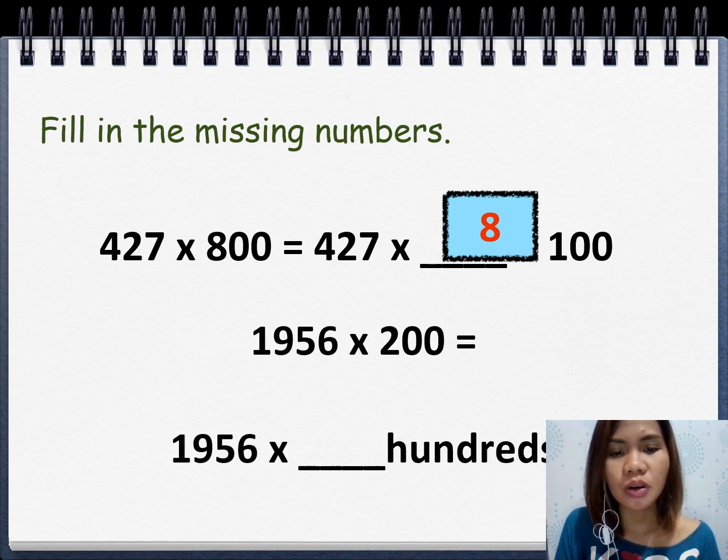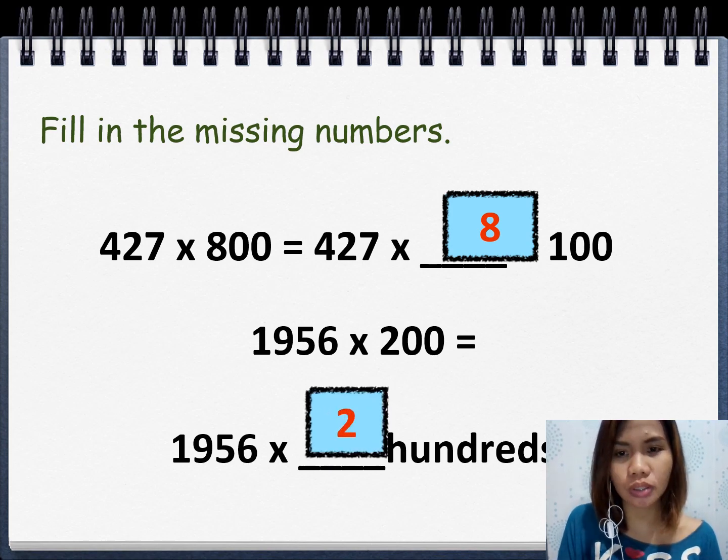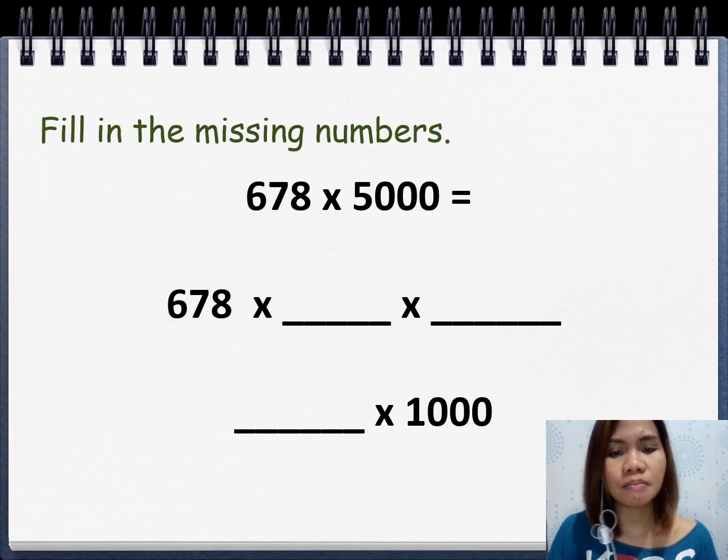Okay, so 1,956 times 200 is just the same as 1,956 times 2 times 100. The missing number is 2, of course. So next, find the missing number.